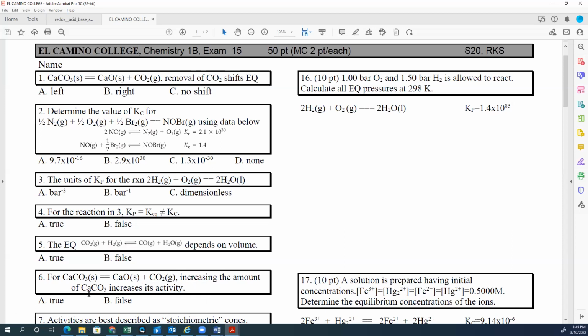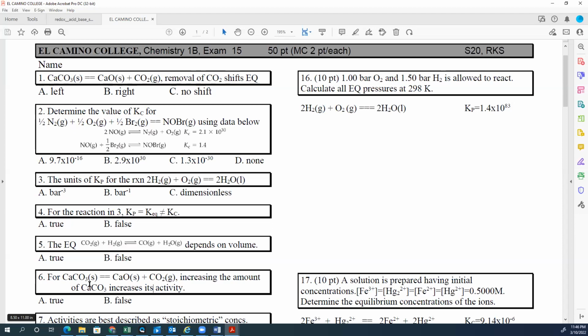However, increasing the amount of calcium carbonate, which side would it favor? This is a trick question because calcium carbonate is a pure solid. And what changes K is changes in concentration.